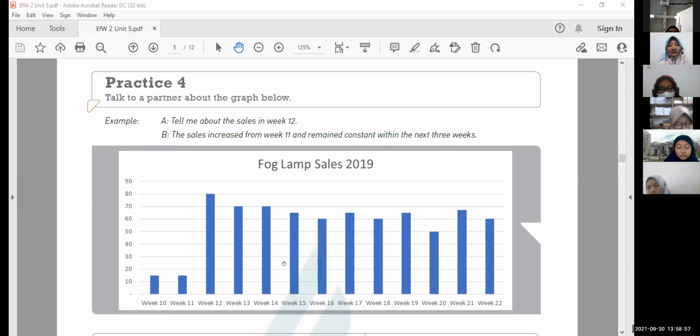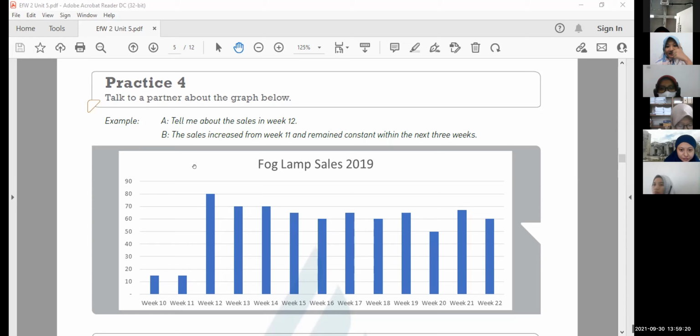asking and answering about the chart. If it is three people, like Miss Odi, Miss Vivi, and Miss Shanas, for example, Miss Odi asks, and Miss Vivi and Miss Shanas can answer. And then Miss Vivi asks the questions, and Miss Odi and Miss Shanas can answer. If Miss Shanas asks the questions, then Miss Vivi and Miss Odi can answer.